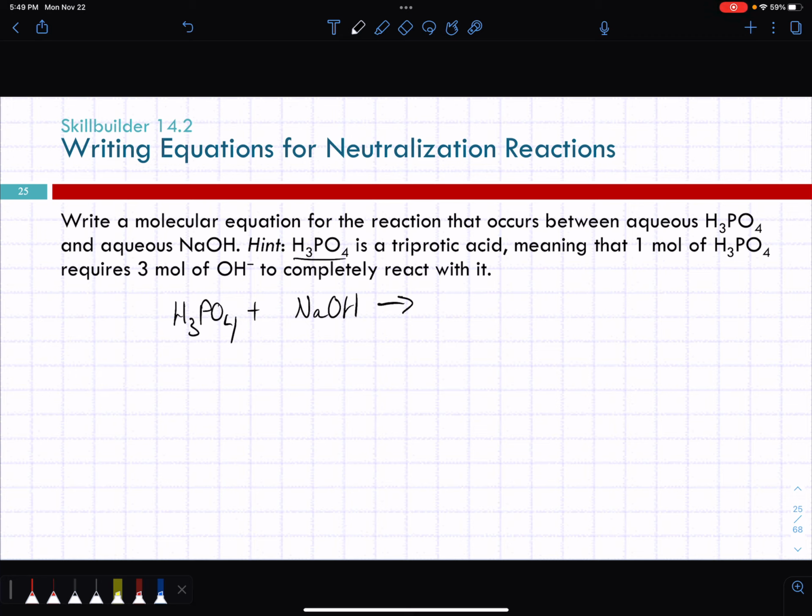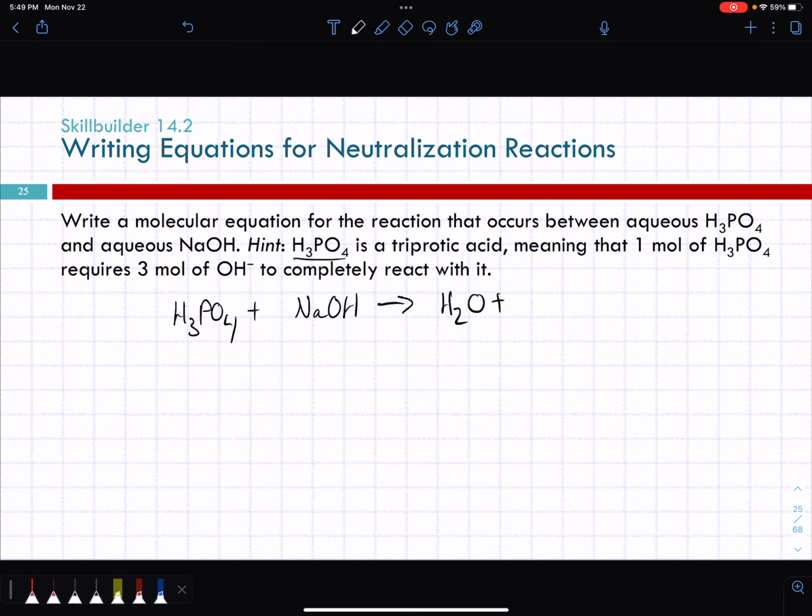So what are our products going to be? This is an acid-base neutralization reaction, so water and a salt. And here the salt is going to be made up of our cation from the base and our anion from the acid, because that's when we react this and this.